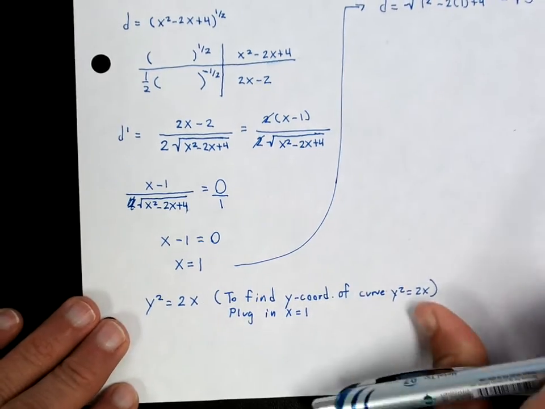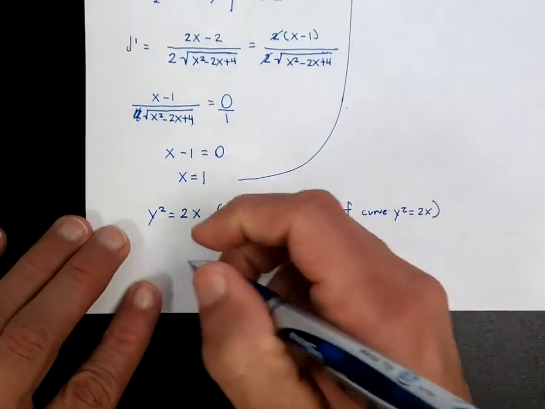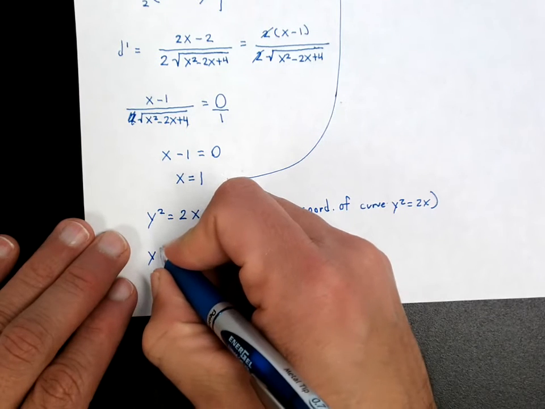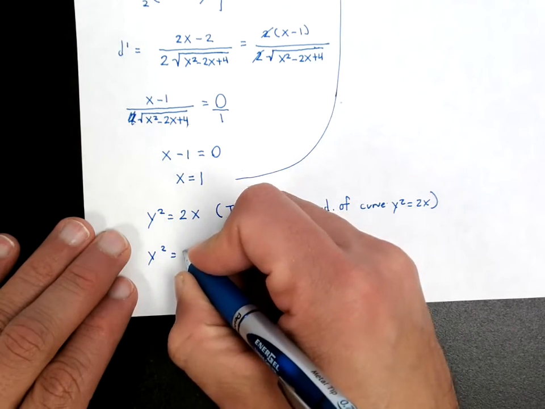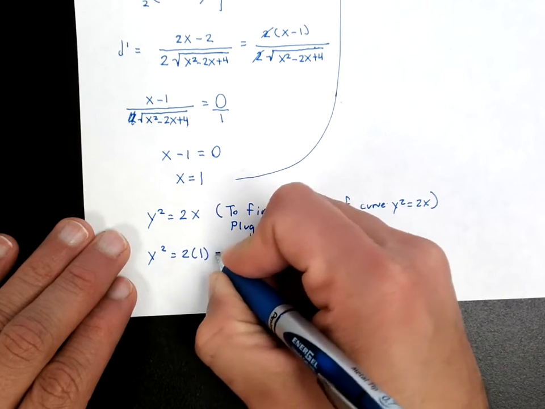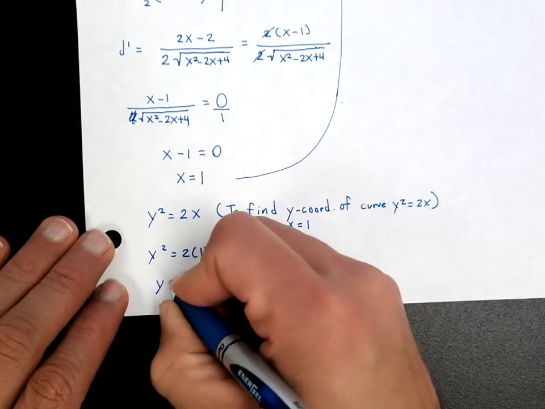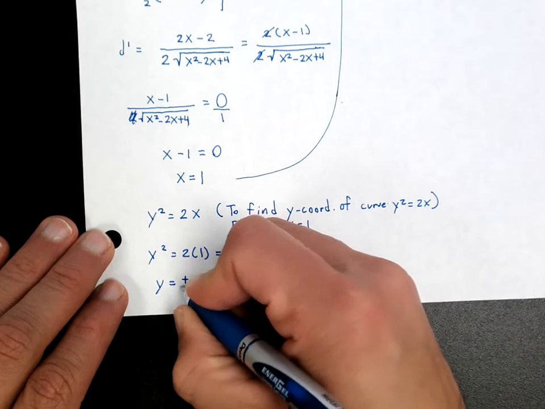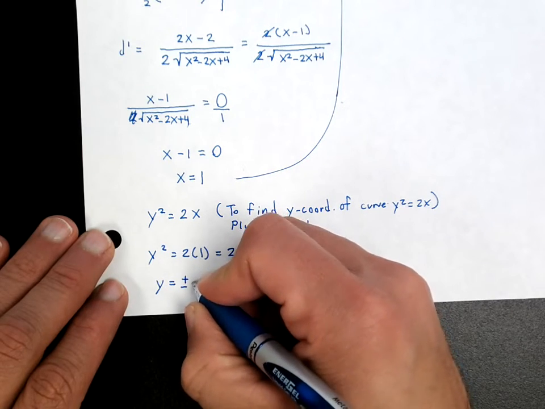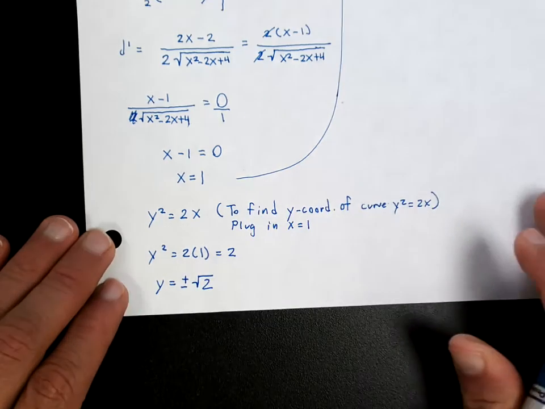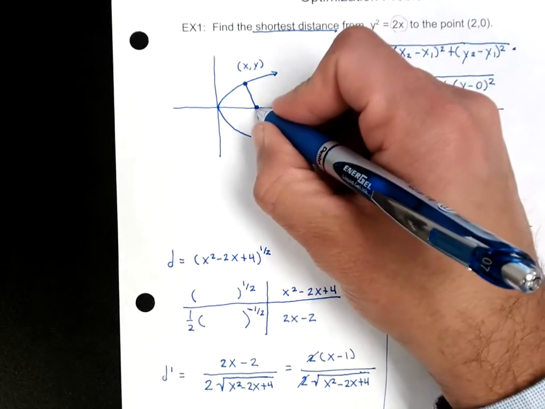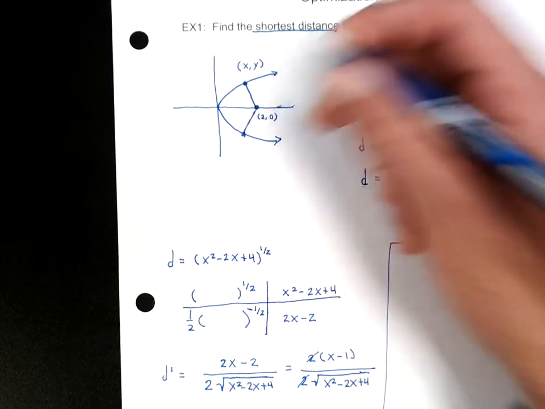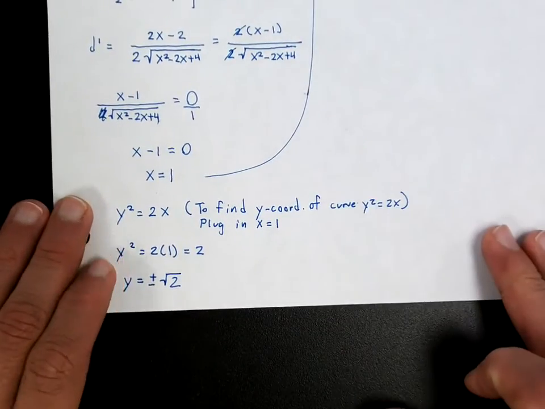So I can plug in a 1 into this, which will give me this, which if I take the square root, I get plus or minus square root of 2. And that would make sense because that distance between here and here probably should be the same distance as some point over here. Okay, so that's my answer for that.